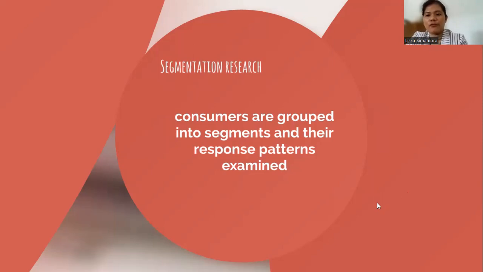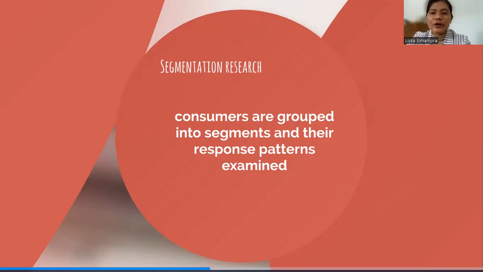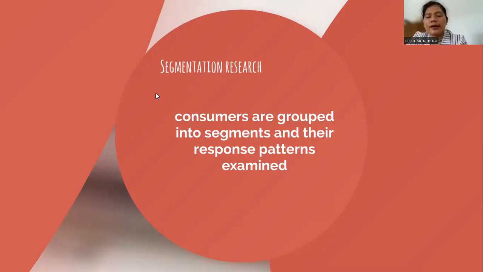Okay, so for example, go back to our agrotourism spot, agrotourism example. So when we do the segmentation research, for example, we deliver the question to the younger people and also to the older people.